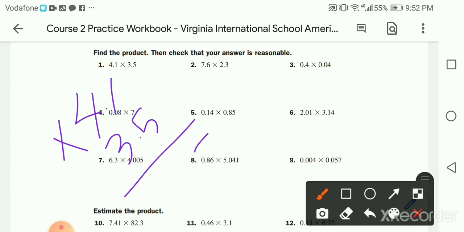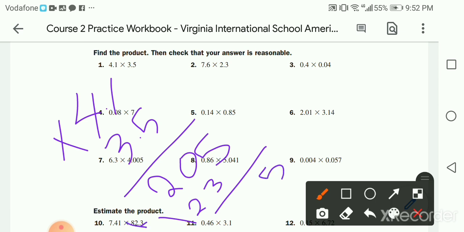5 times 1, 5. 5 times 4, 20. 3 times 1, 3. 3 times 4, 12. Add them up. How many decimal places do I have here? 1, 2.